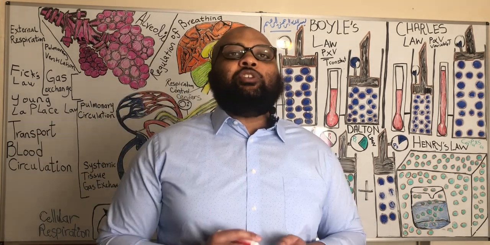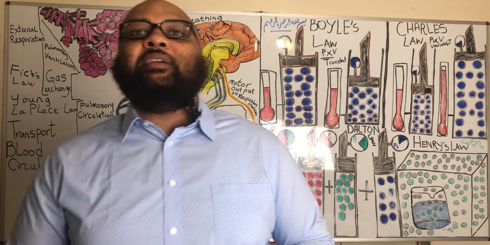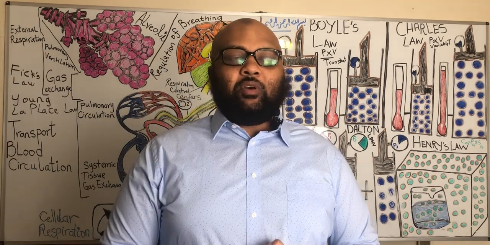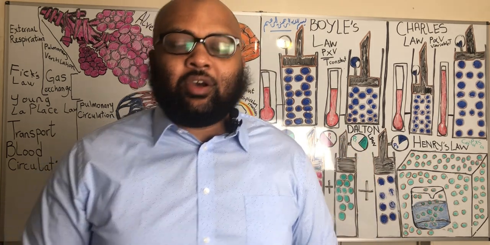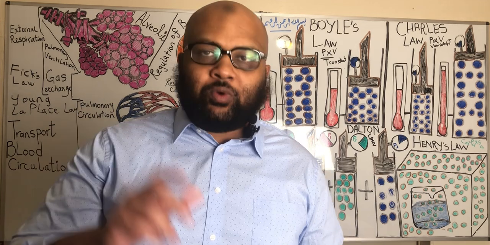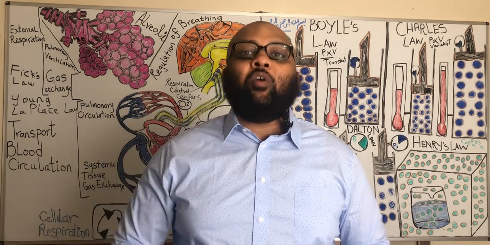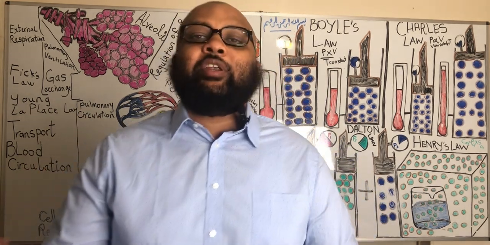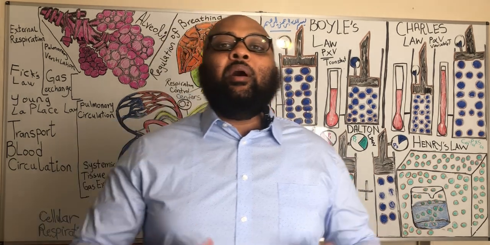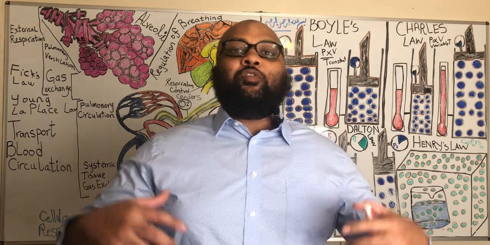The first thing we need to know is that in the dynamics of breathing, fluids in general, whether we're talking about a gas or a liquid, will never flow except from an area of higher pressure to an area of lower pressure. We have seen this in the heart, where blood flows from the atria.